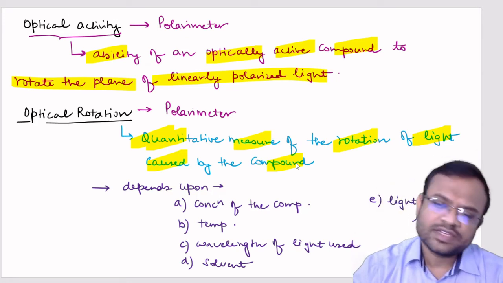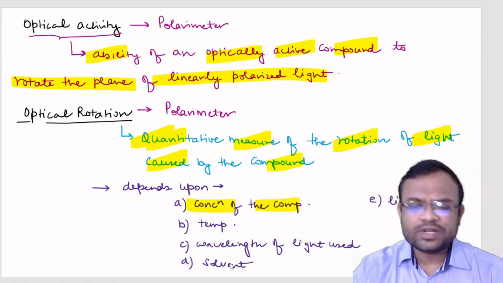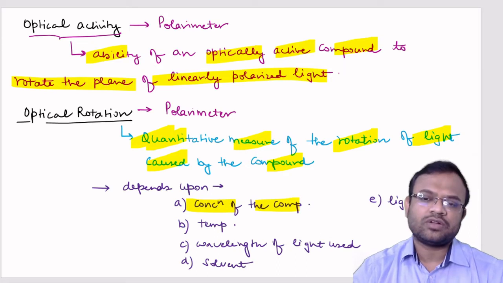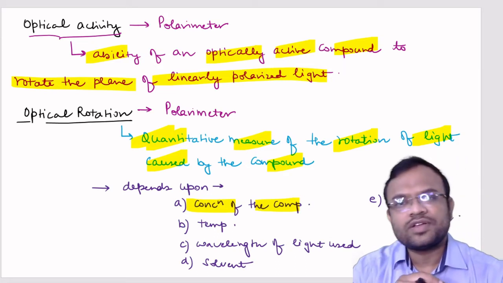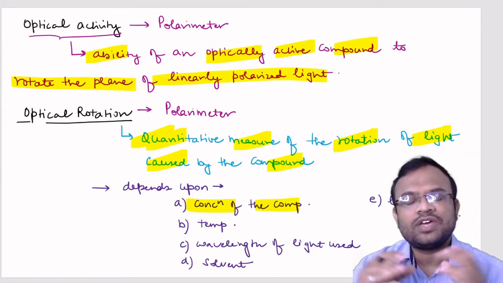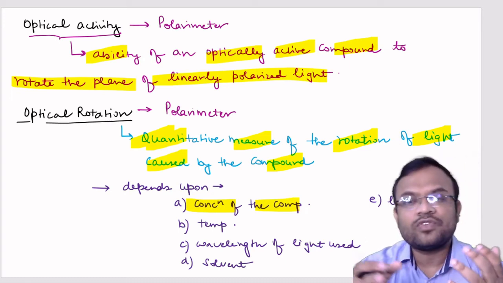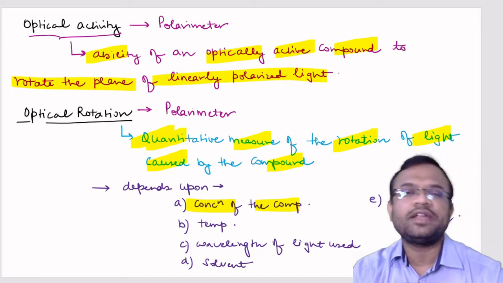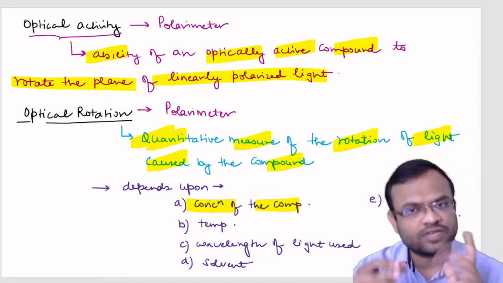The first thing is the concentration of the compound. It is very logical that if I use a larger concentration of an amino acid solution, then definitely there would be a change in the angle of rotation. The angle of rotation can be more or less depending upon the concentration of the amino acid that you've used. This is the first point.